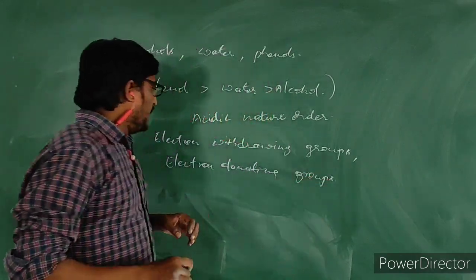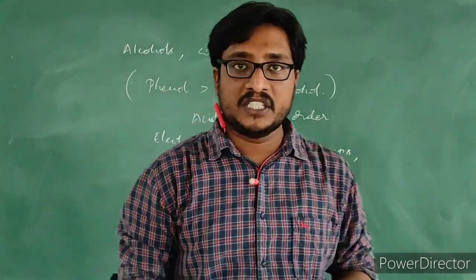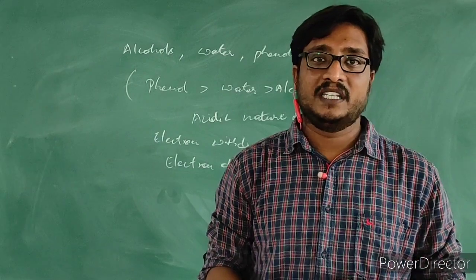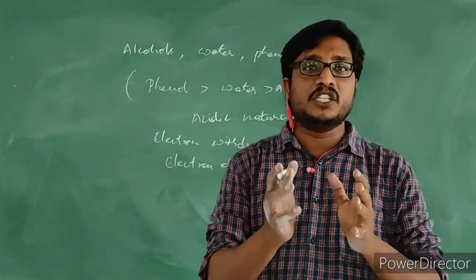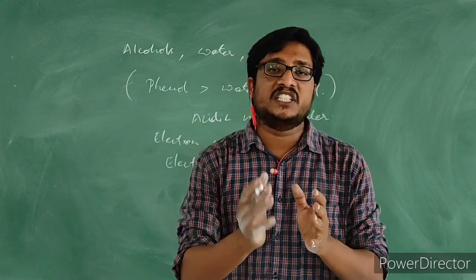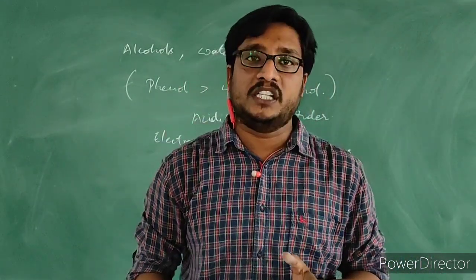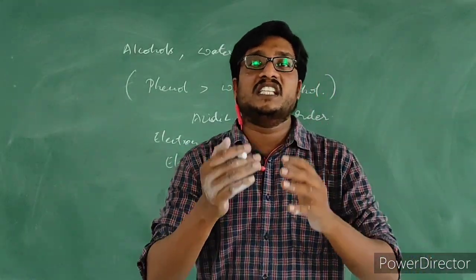If electron withdrawing groups are present on the benzene ring in phenols, its acidic nature will increase. Remember this point. If electron withdrawing groups are present on the benzene ring of phenol, acidic nature will increase. If electron donating groups are present on the benzene ring of phenol, then acidic nature will get decreased.